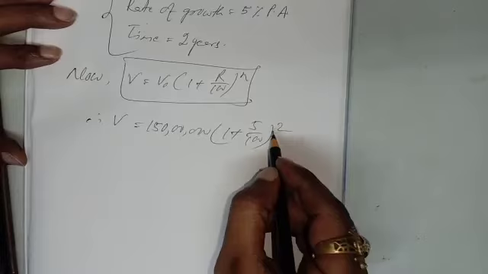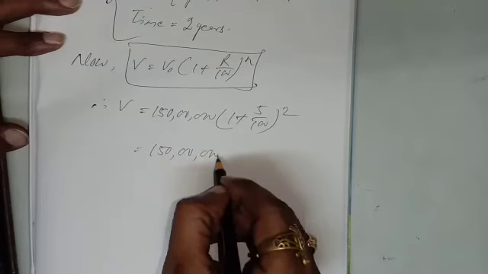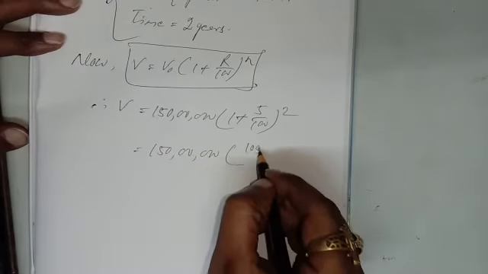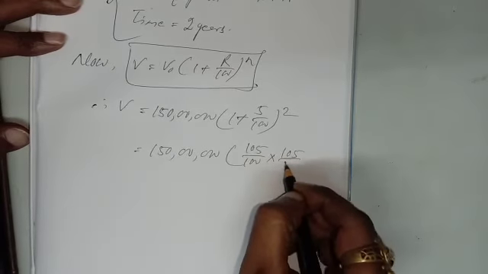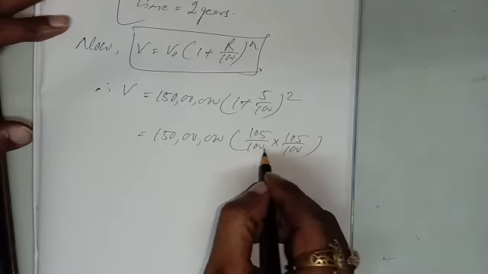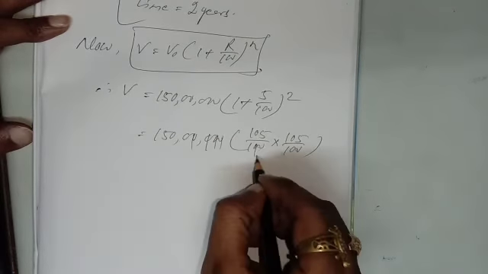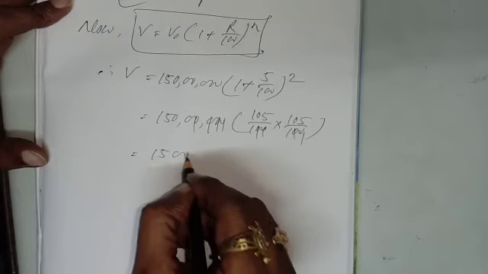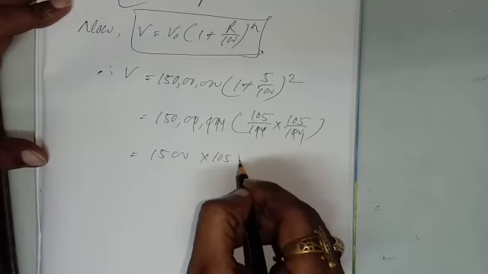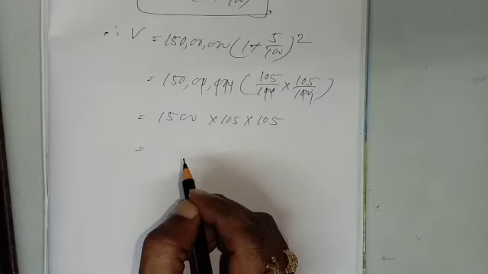It is coming 150 lakh into 105 by 100 into 105 by 100. There are 20s and 20s, you have to cancel. What is left here? 1500 into 105 into 105.